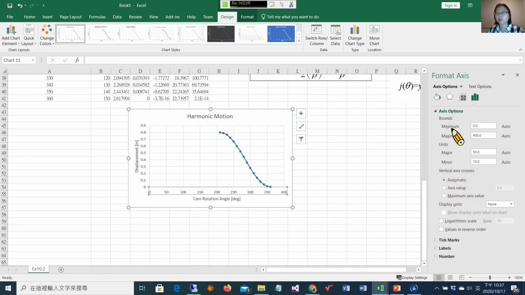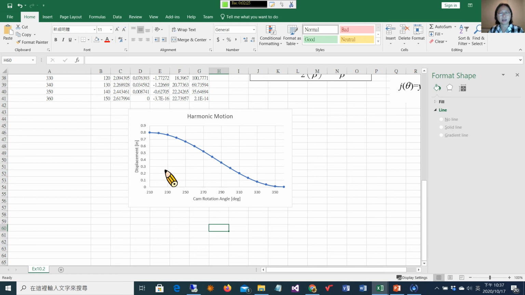So now we have a bound. Minimum is 0 and the maximum is 400. So I change 0 to 210 and 400 to 360. And we can see this diagram is for displacement.